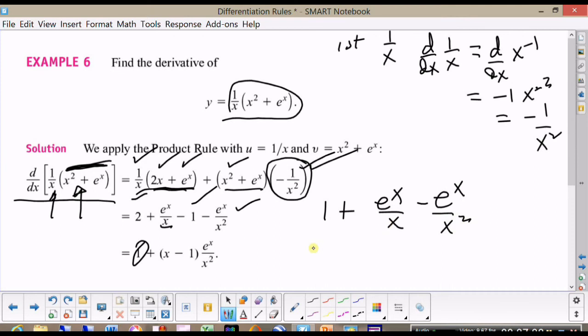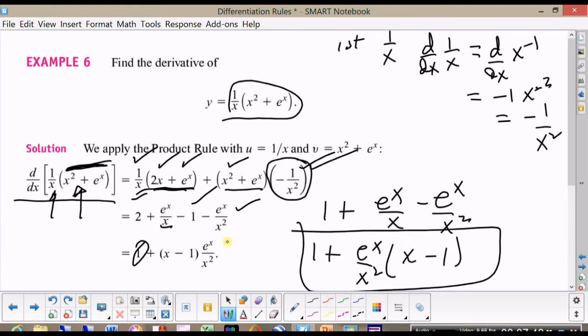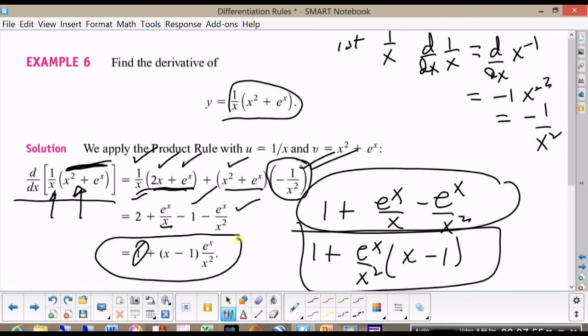And if you factor out e to the x over x squared, you get x minus 1. Just multiply this out and you'll see that you will get the same as this. So this is the answer to the derivative of the product.